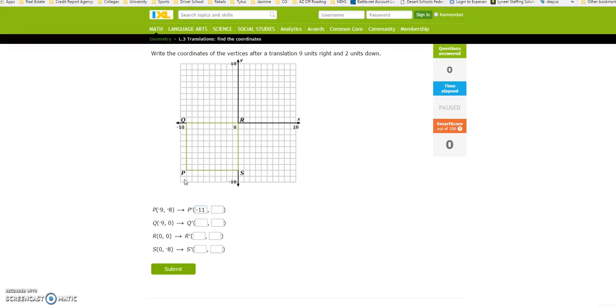And it wants us to move 9 units to the right. So if this is -8, going all the way to 0 would be 8. And then we're going to go over one more, that would be 9 spaces. So that's moving 9 units to the right, which brings us over to... no, that's wrong.